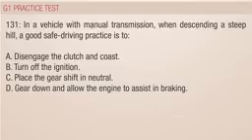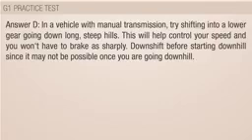D. Gear down and allow the engine to assist in braking. Answer D. In a vehicle with manual transmission, try shifting into a lower gear going down long, steep hills. This will help control your speed and you won't have to brake as sharply. Downshift before starting downhill since it may not be possible once you are going downhill.